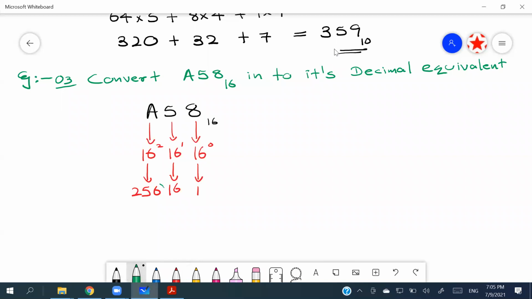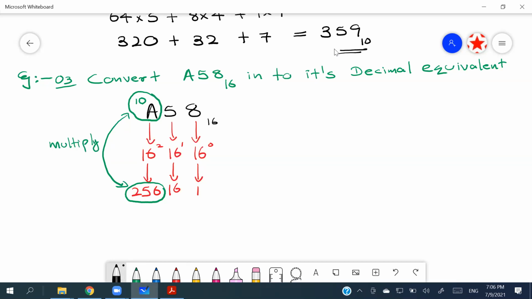So the same happens. 256 is going to be multiplied by what? Not by A, but the value which is represented by A. A represents 10, right? So you are going to multiply 256 by 10. Right, so multiplication happens.